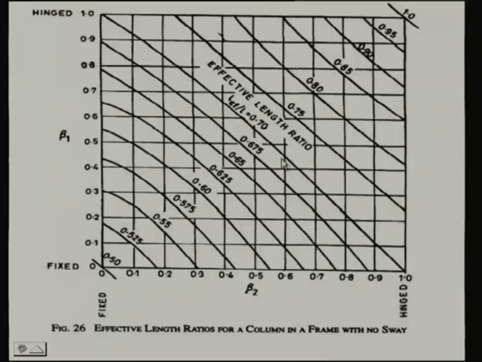Wherever it cuts, there are different lines, and from there we can get that ratio. From this figure 26, we have to select the figure according to which case you are considering, whether without sway or with sway. If it is without sway, then we take figure 26, if it is with sway, then figure 27.